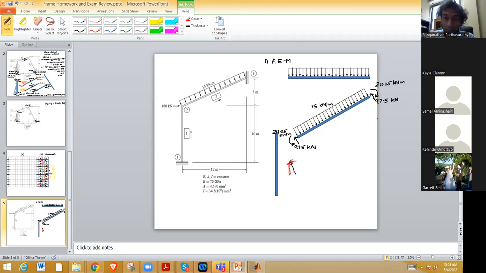So that is 90. So you have 90 kilonewton here, and horizontal is 97.5 times 5 by 13, 37.5. So this is what you have at each end, right?